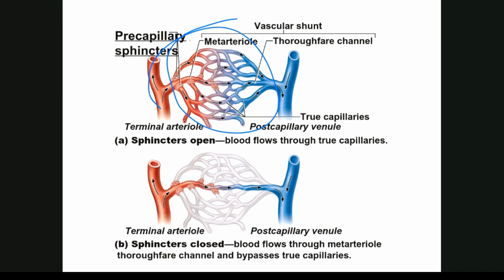Here, the blood is diverted by these sphincters closing, and the blood just goes straight through here. It's a thoroughfare channel, and the sphincters are not allowing the blood to go out into the tissues. It's open and closed according to the body's needs.